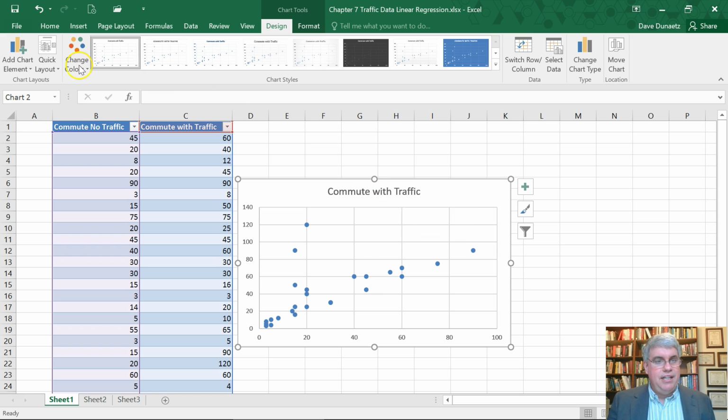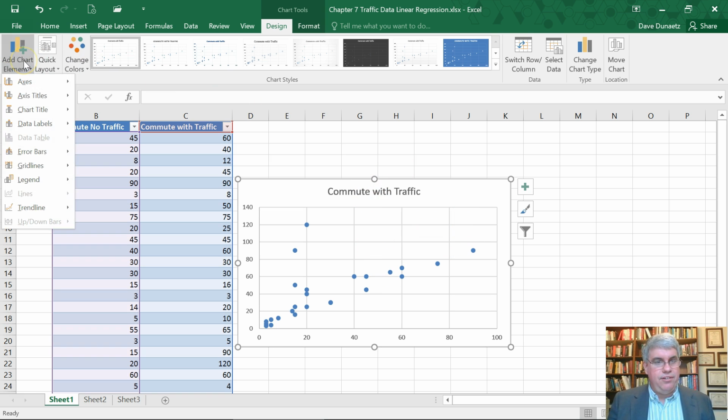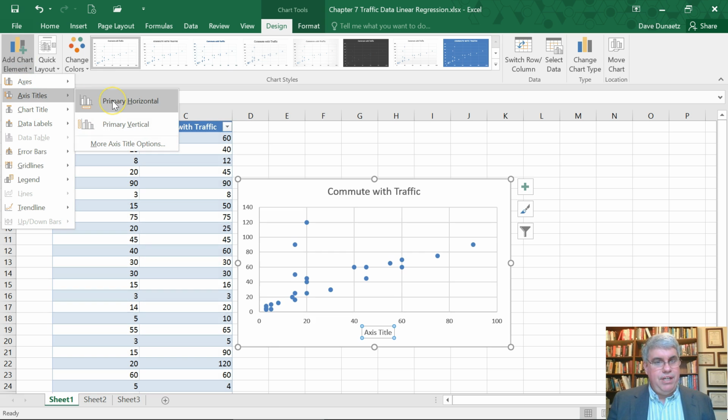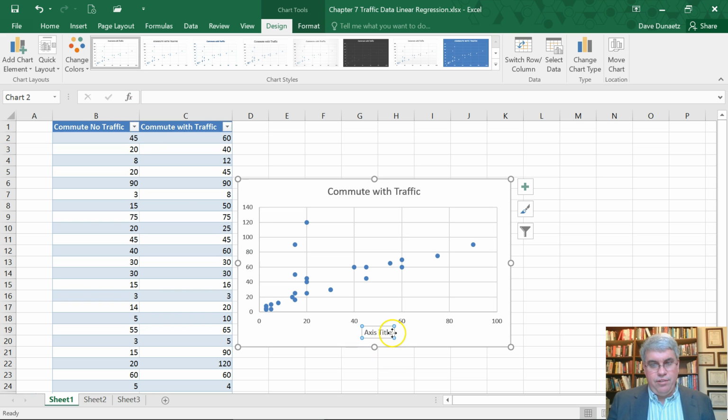And let's add some axis titles. So chart axis titles, we need primary horizontal. So this is commute time with no traffic.